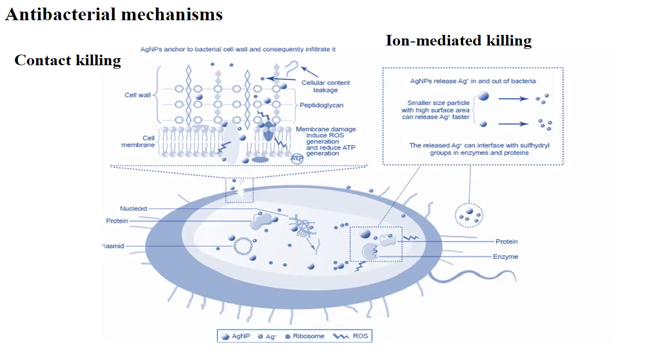The exact effect of silver nanoparticles on bacteria is still undefined. Even so, there are two widely accepted antibacterial mechanisms: one is contact killing, and the other is ion mediated killing. The first one is contact killing, or direct killing. When the silver nanoparticle interacts with bacteria or microbes, it can anchor to the bacterial cell wall.